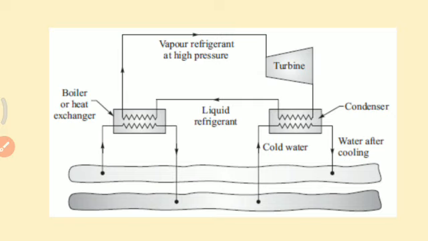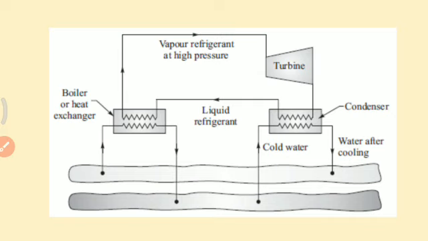This secondary liquid may be freon, ammonia, or propane, but freon is avoided because freon is the main cause of the depletion of the ozone layer. Because of this, freon is avoided in the system, but ammonia and propane can be used as a secondary liquid.